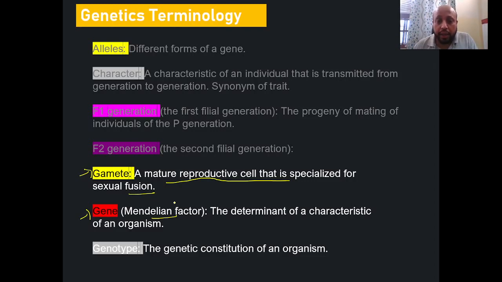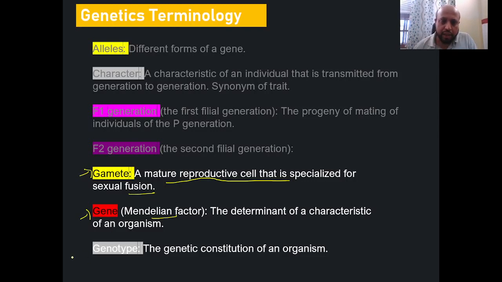So he said these factors determine the characteristics of the organism, and he used symbols to represent them. Like for tall height, it is capital T, or for the round shape of a seed, he uses a symbol like capital R and small r and so on. We will be talking about that in a moment.